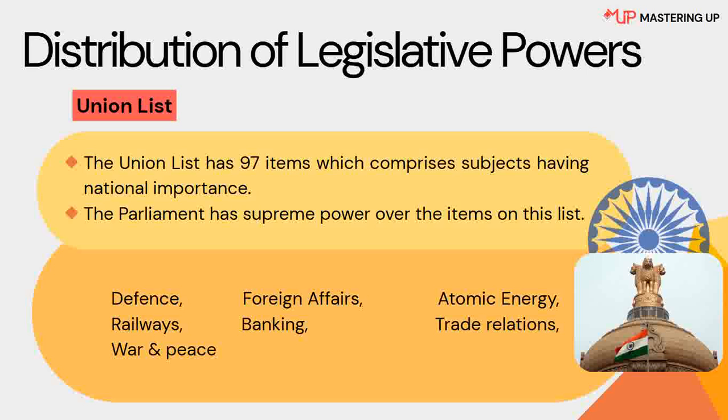The Parliament has the supreme power over the items on this list. Some of the subjects mentioned in the Union List are defense, foreign affairs, atomic energy, railways, banking, trade relations, war and peace.